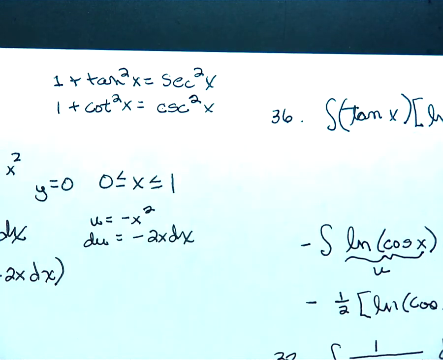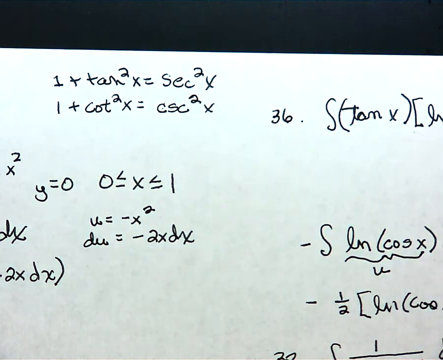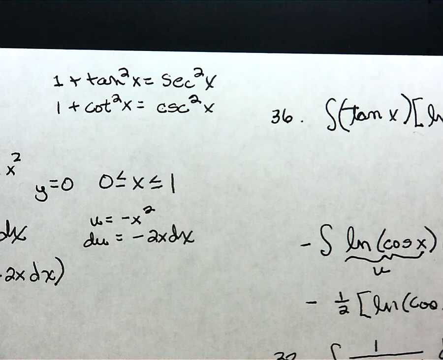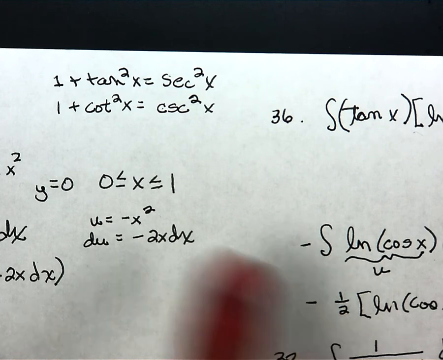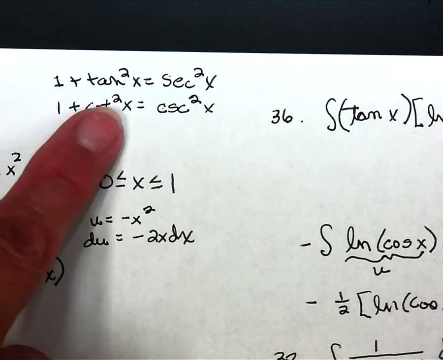And so what is cotangent squared? Oh. Wait. Negative. Yeah. If I remembered my Pythagorean identity wrong. 1 plus tangent squared is secant squared. I know that one's right. 1 plus cotangent squared is cosecant squared. No, it wouldn't be negative cosecant squared.